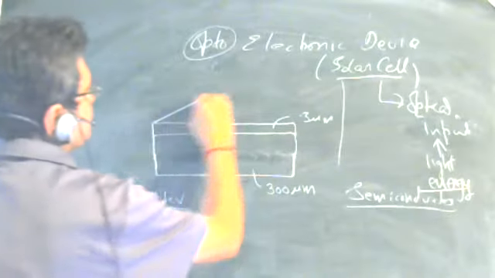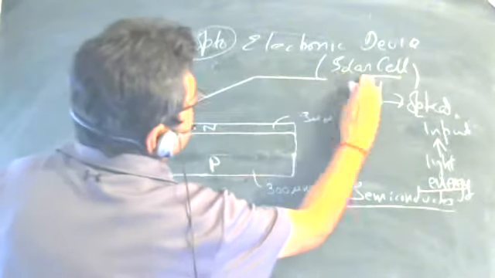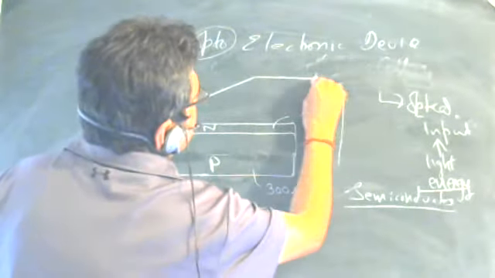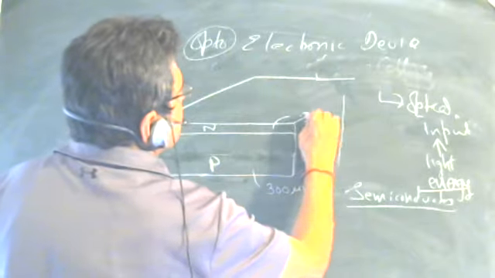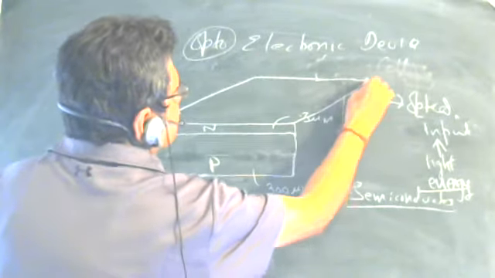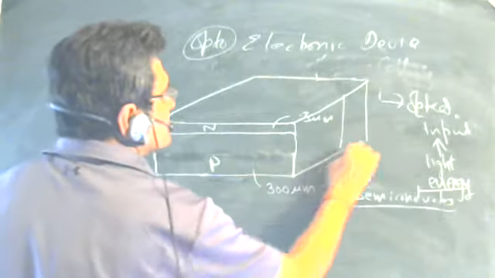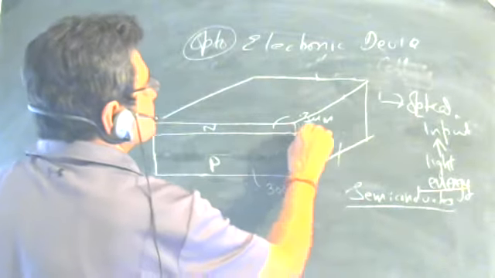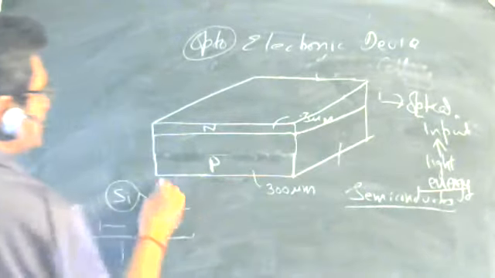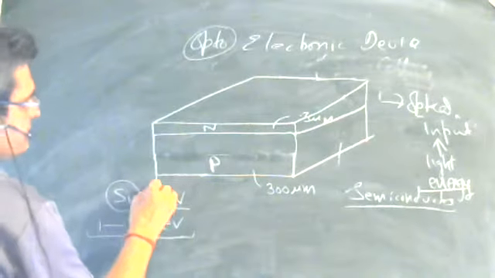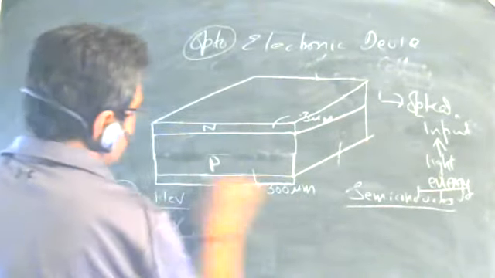If I make it three-dimensional, it will be like this. This is the junction boundary, and we provide a base plate.